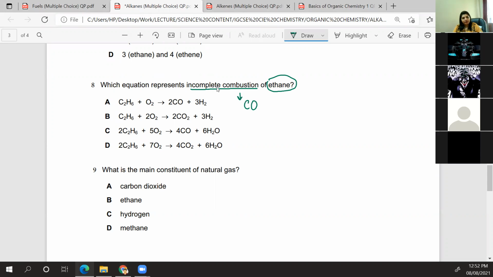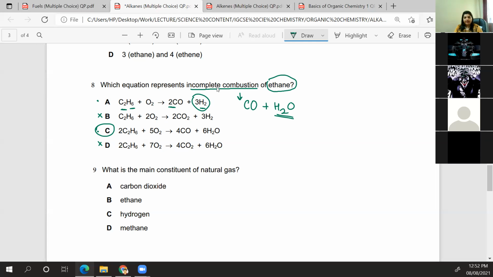Can I say the products will be carbon monoxide and H2O always? Correct. So can I say B, and C option gets automatically ruled out? Yes. Now we have to check between A and C. If we check the balancing, over here there are 2 carbons and 6 hydrogen, but the products are CO2 plus H2O, and over here it is only H2. So the answer is C. It's a very straightforward question.